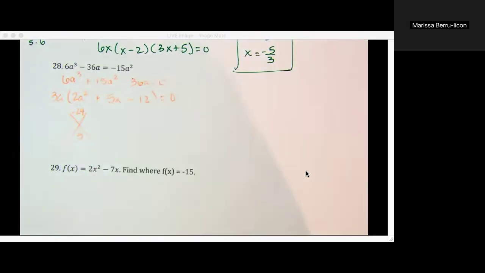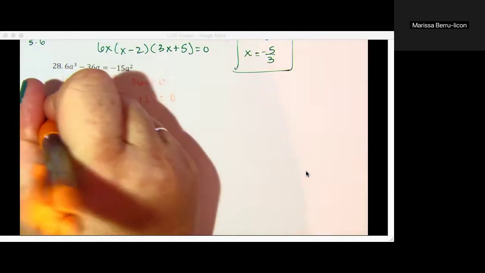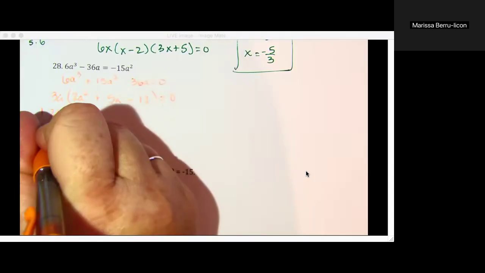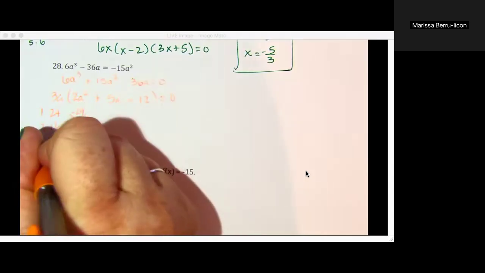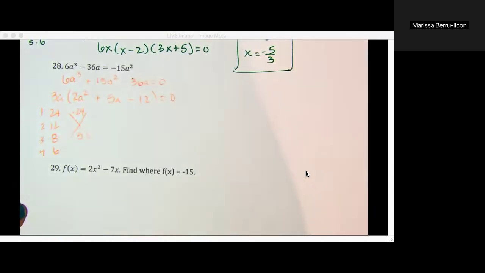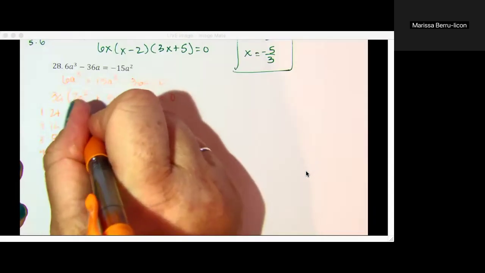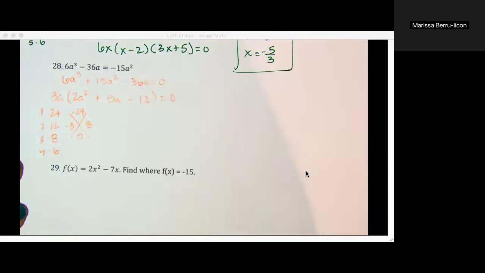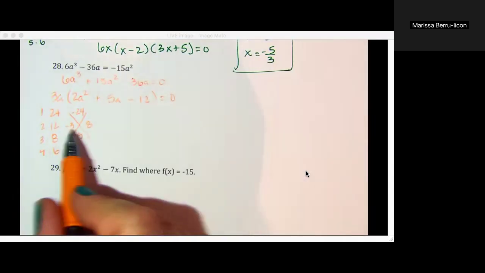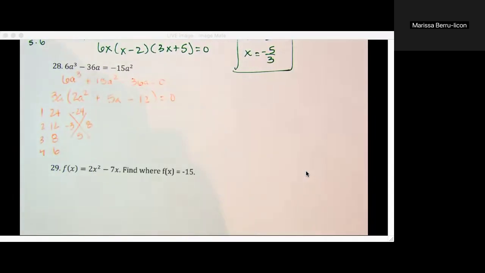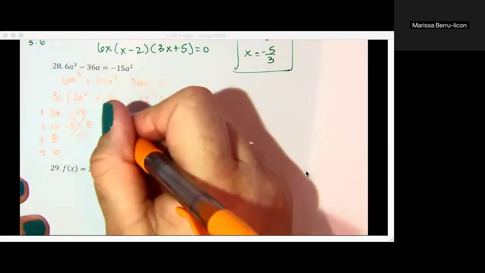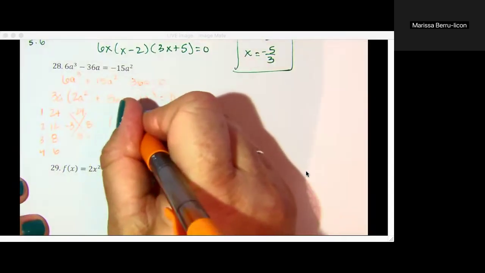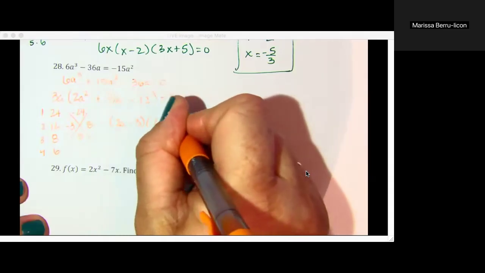And thinking through what multiplies to 24? Well, 1 times 24, 2 times 12, 3 times 8, and 4 times 6. So 3 and 8, it multiplies to a negative, so one of those is going to have to be negative, and it has to be the 3 because I need them to add to a positive 5. So then going into the taking out the trash step, 2a minus 3 and 2a plus 8.